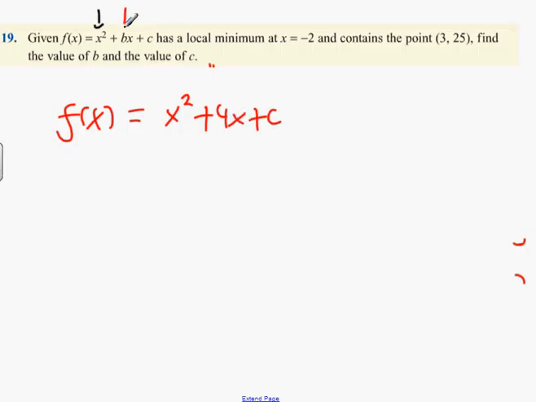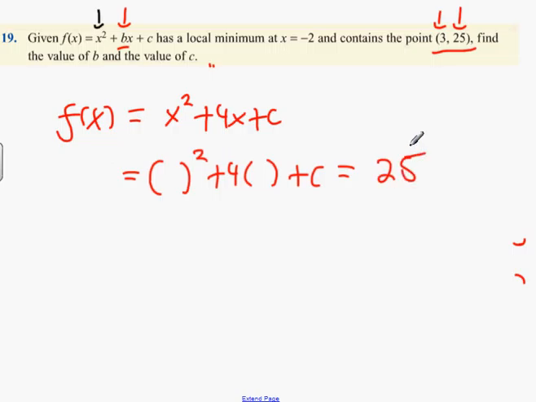Does everybody understand what I did with the b? Yeah. It's 4, okay? Now, it says there's another point on this line. When x equals 3, the y value is? So, by that logic, when I replace x with 3, the answer has to be 25. Okay?